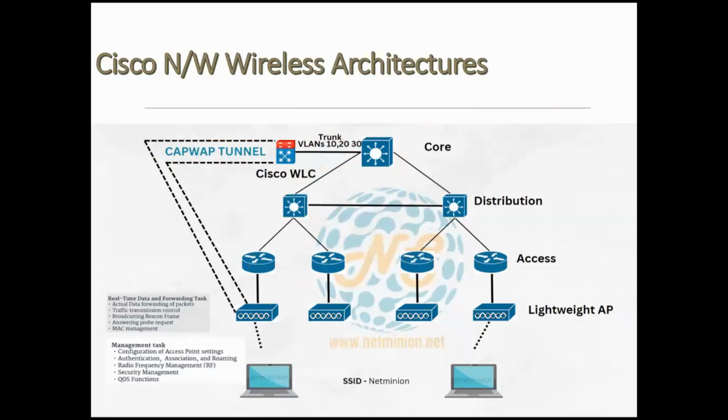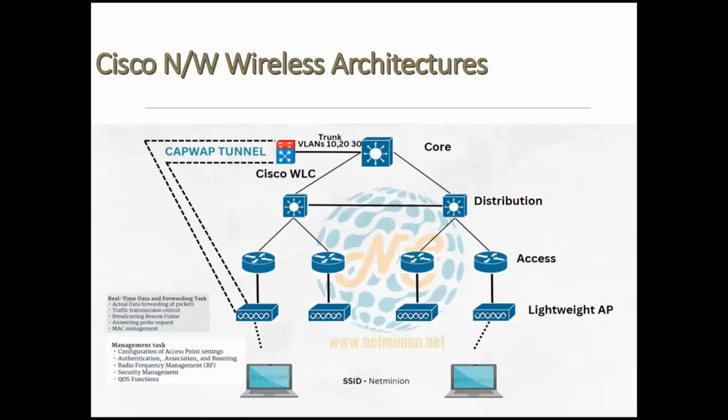So in a wireless network, between the WLC and each LAP, there is a CAPWAP tunnel. The minimum requirement to build this tunnel is reachability, which you can check through ping or traceroute.